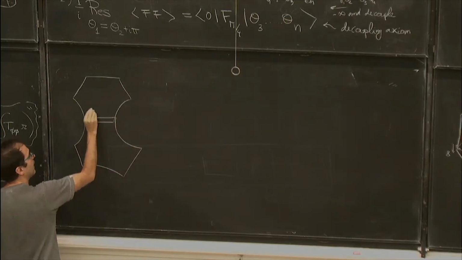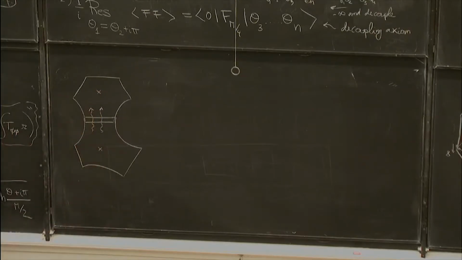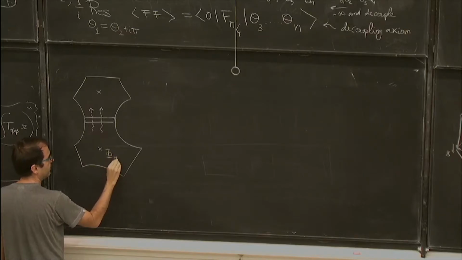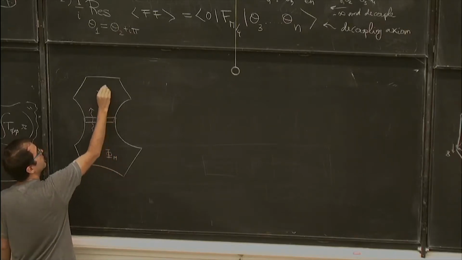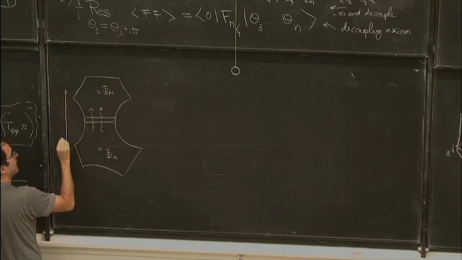And I want to sum over what flows between this operator and this operator. Sorry, that operator is a twist operator. This is a twist operator, phi m, and this is another twist operator, phi m, and they are separated by some time x.